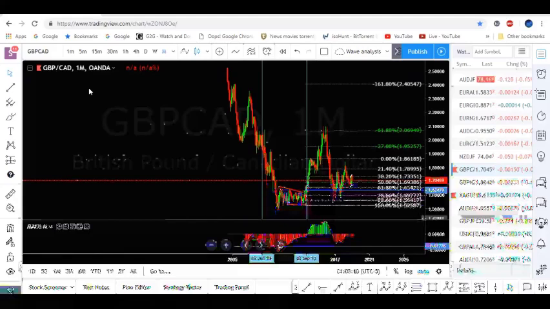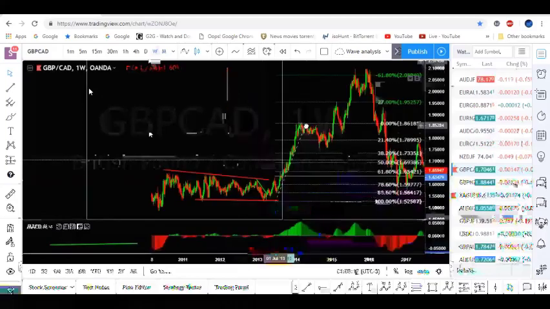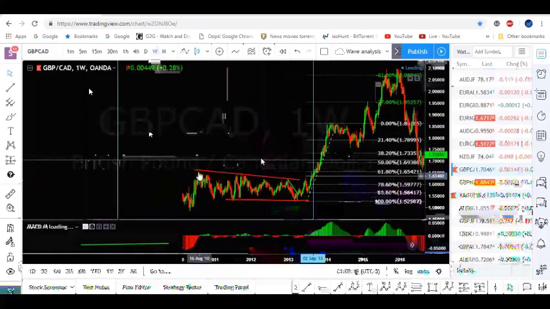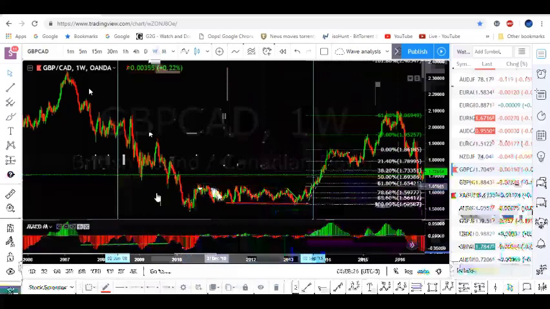But if you go to a weekly, it's not that simple anymore. If you go here in the weekly, let's just take these lines off.